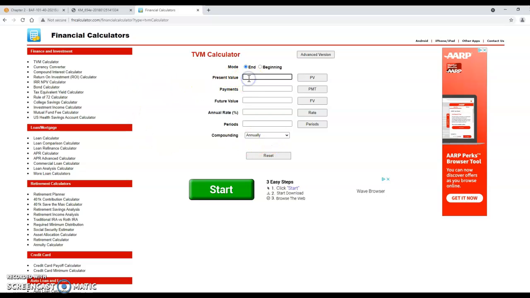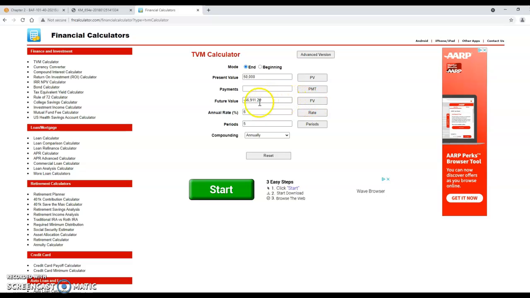Now our present value was 50,000, and our interest rate was 6%, and our number of periods was 5 years. Now what we want is the future value.